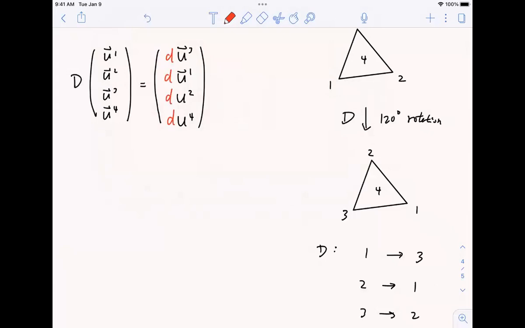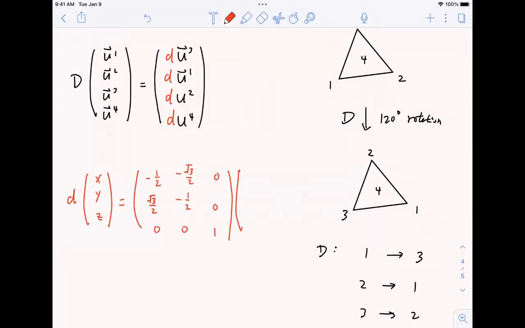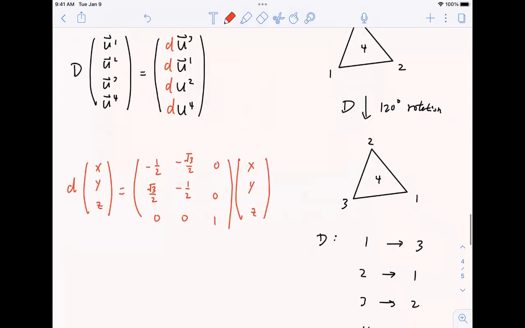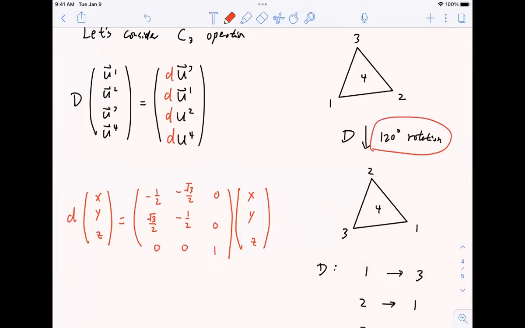D acts on X, Y, Z. It will be represented by this matrix. Here I won't bother confirming it, but it should not be difficult. You just have a rotation, so the X, Y will mix together. So this is the transformation for the X, Y, Z under 120 degrees.